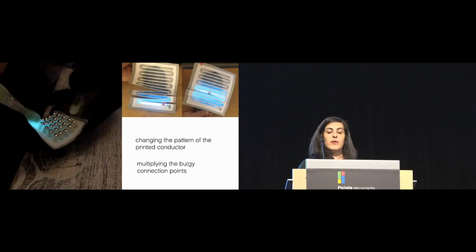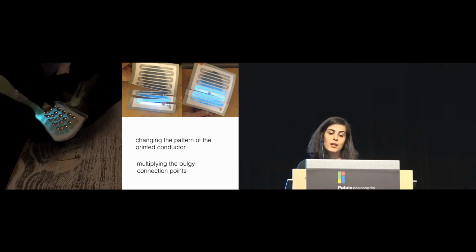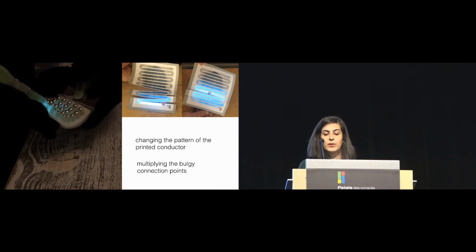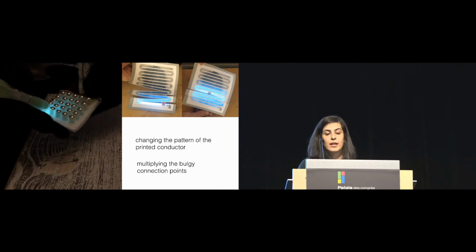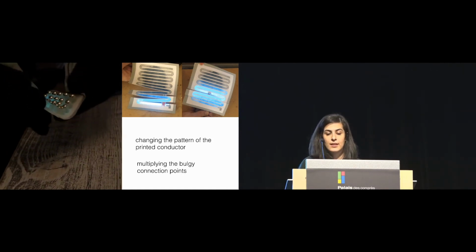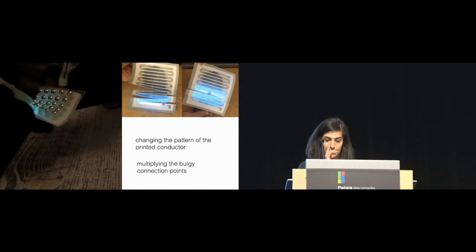Our paper provides two examples of form-related explorations. On the right side, you see the created sample with a serpentine top electrode print. Using multiple connection points, the light gradient would be moved along the printed trace. A similar principle of using multiple connection points in diversifying the performative qualities is shown in the video.